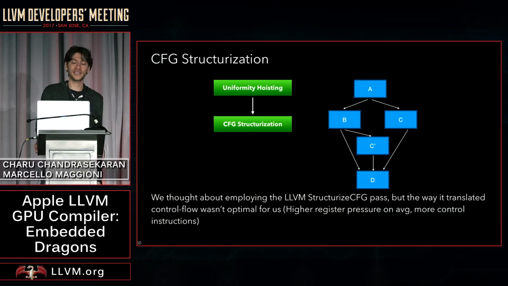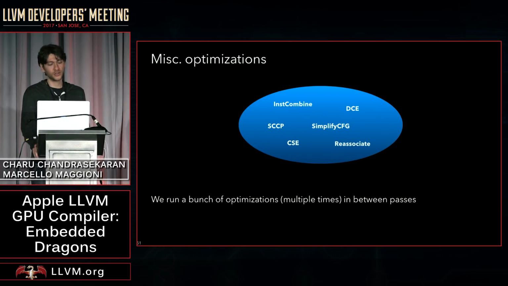It worked, but it was increasing the register pressure for us in certain key cases, and it was generating more control instructions. So in the end, we decided to roll our own solution using duplication. At this stage, we also run a bunch of other optimizations, from the standard constant propagation to instcombine, which we run as a cleanup pass multiple times in the pipeline.